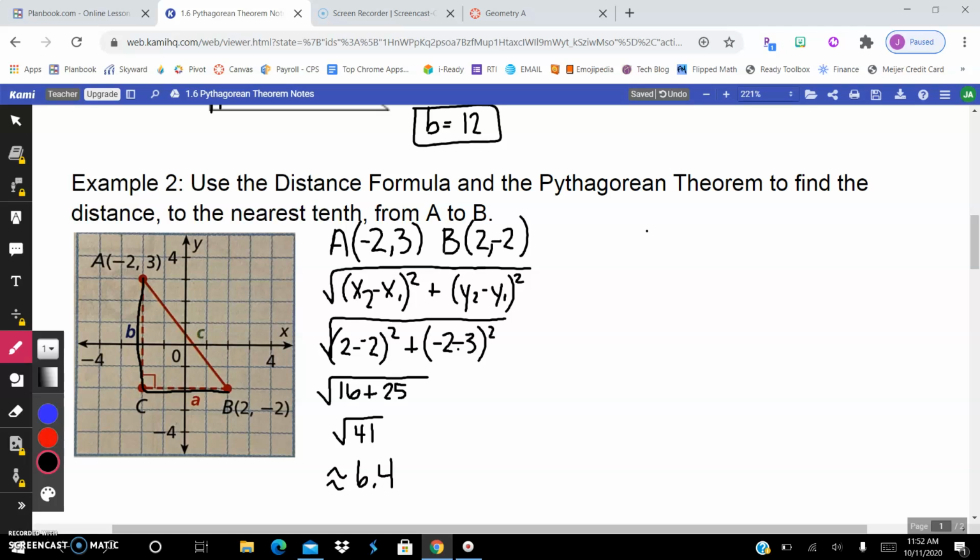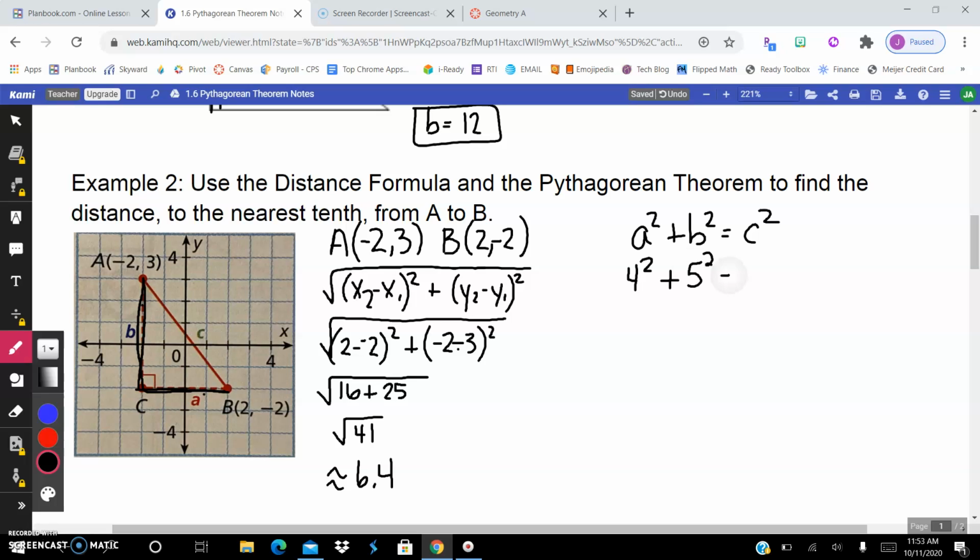So we are going to use the formula a squared plus b squared equals c squared. The length of A would be going across the bottom there, and it looks like it's 1, 2, 3, 4. So we would have 4 squared. They have labeled B going up the side, so that would be 1, 2, 3, 4, 5.